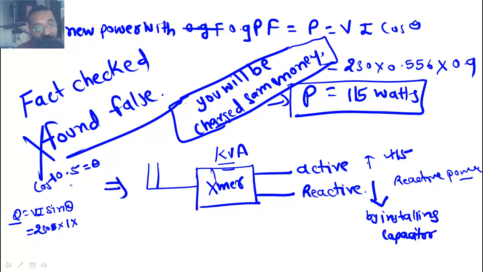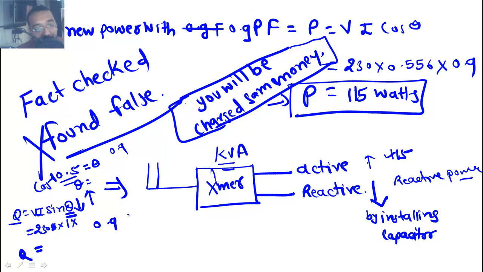Putting the value of theta here, you will get the value of Q. For power factor 0.9, the sin theta value will be less, and for 0.5 the sin theta value would be more.